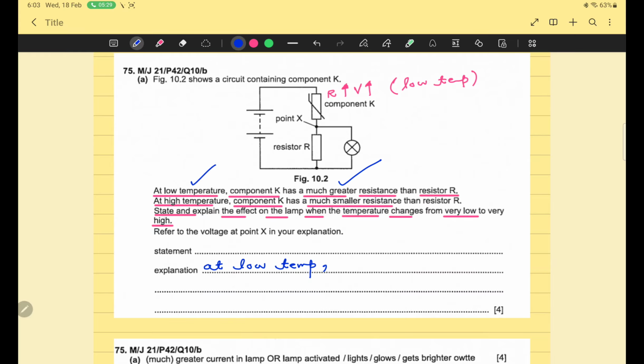Thermistor resistance is greater, so at low temperature, the PD of the thermistor is very high, so the lamp has low PD, or we can say dim light.